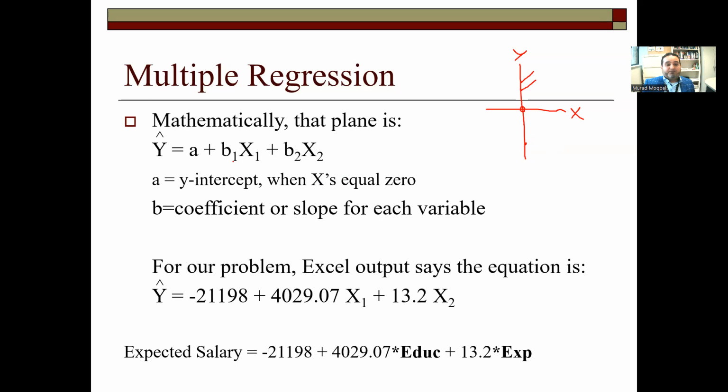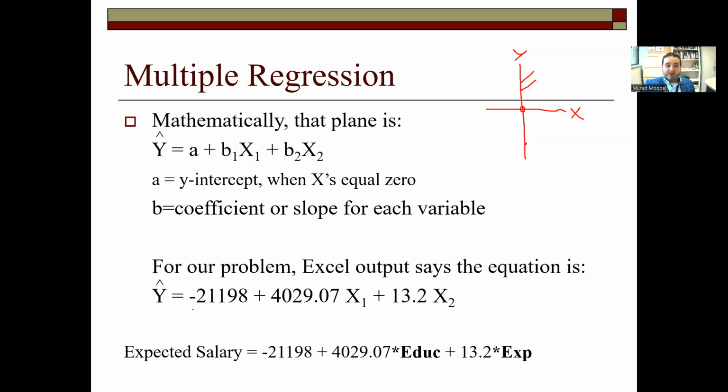And then b1 x1 and b2 x2. That's the beta coefficient of variable 1 and the beta coefficient for variable 2. And when we run the multiple regression analysis in Excel, these are the results that we got.